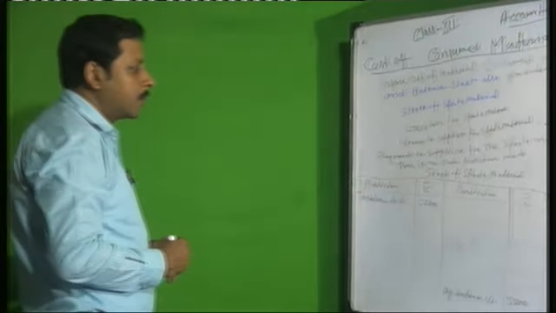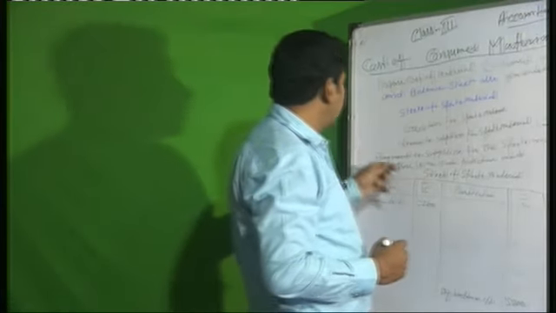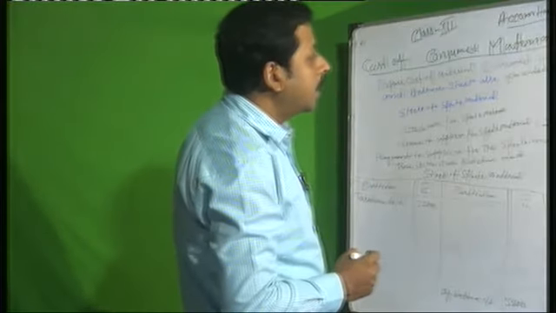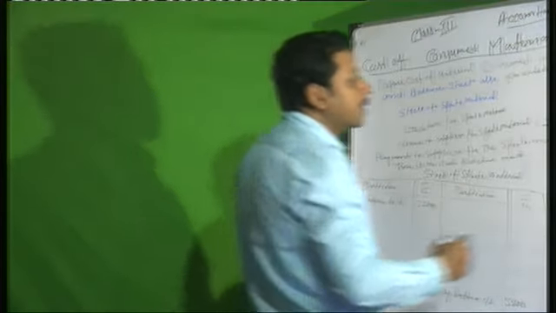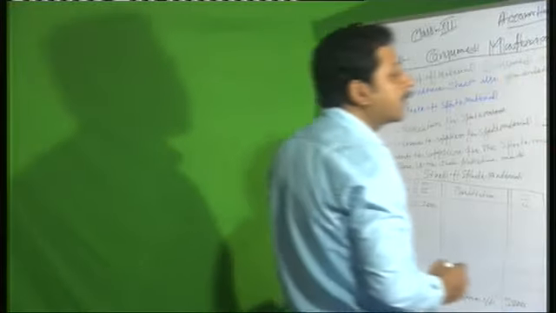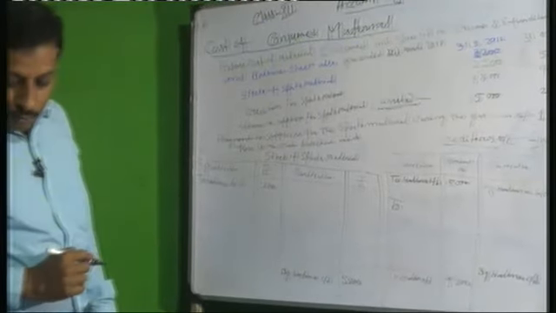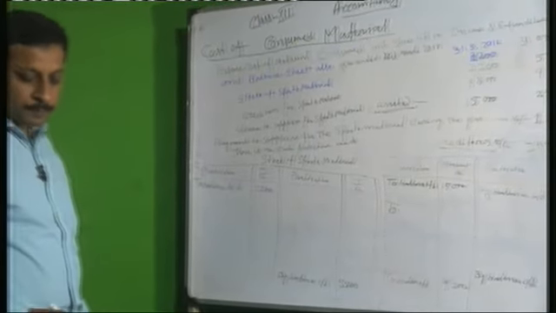So there is also the payment to supplier for raw material. To these creditors or suppliers, we make a payment. What is the payment made? Rupees 1,20,000.